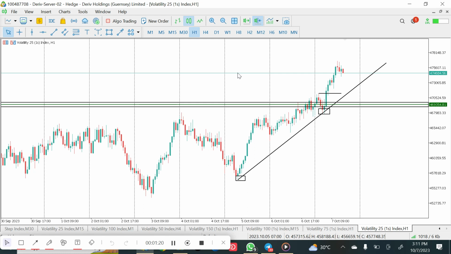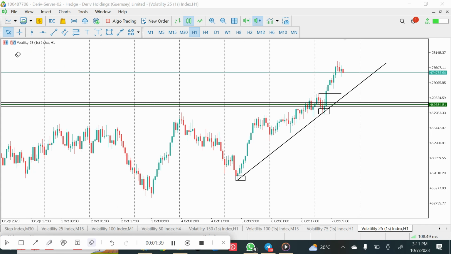Okay, so there are different assets, so many of them, but currently what I'm looking at is Vix25 1S, volatility 25 1S, and you can see it right here, the name right here at the top.